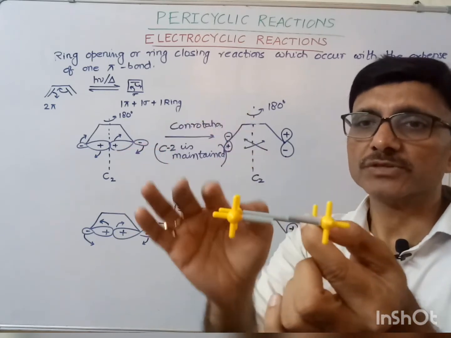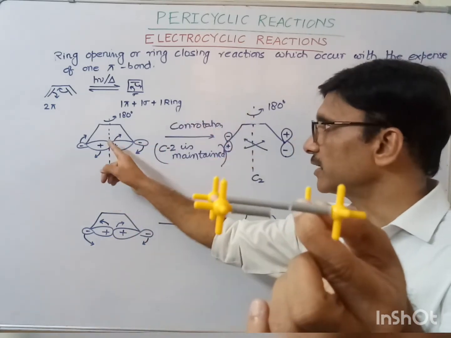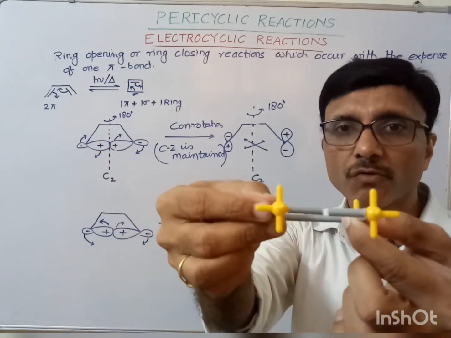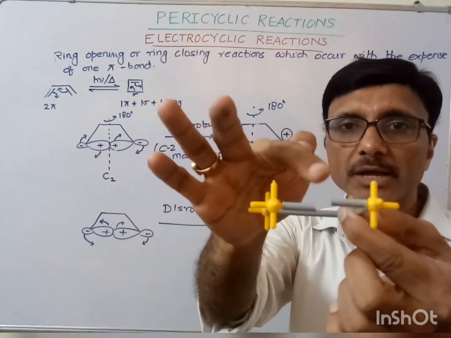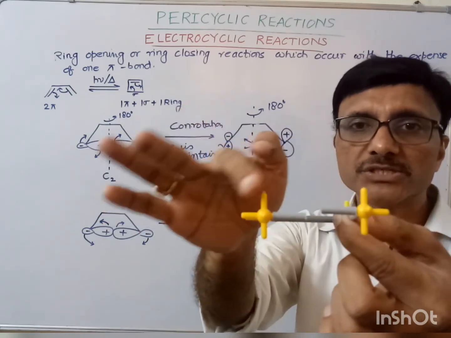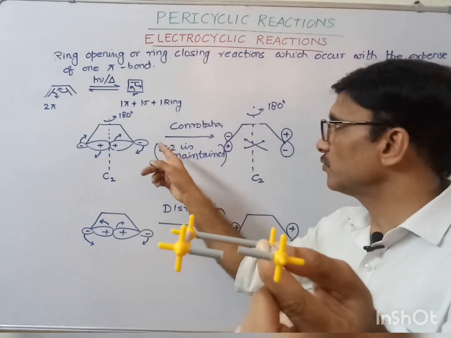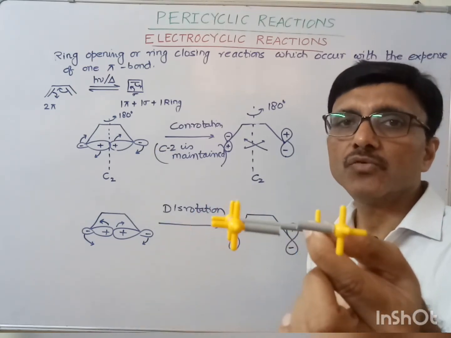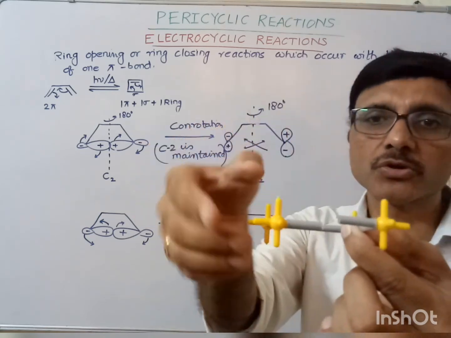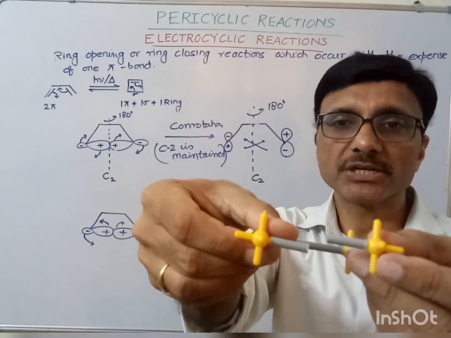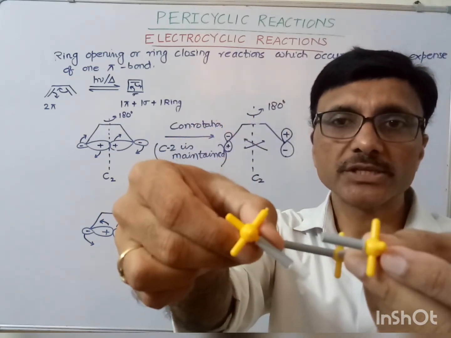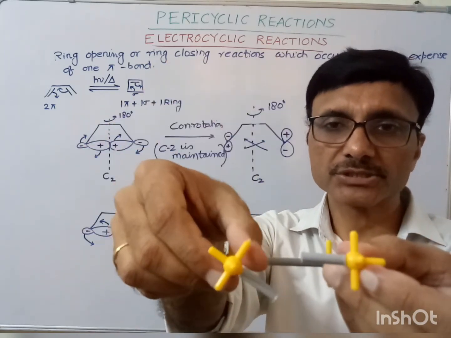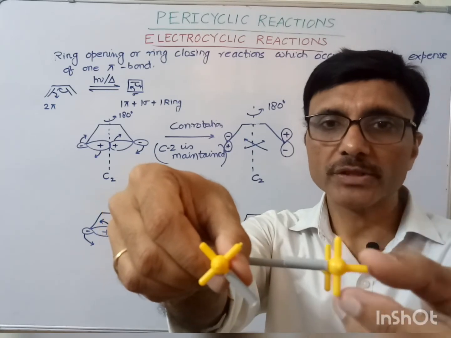This is the model for this cyclobutene system, and suppose this is the sigma bond which is formed, with this positive lobe and this negative lobe. Now suppose you do the conrotation, which means you are moving in the same direction. Both lobes will move in the same direction. If this lobe moves in this direction, then this will also move in this direction.